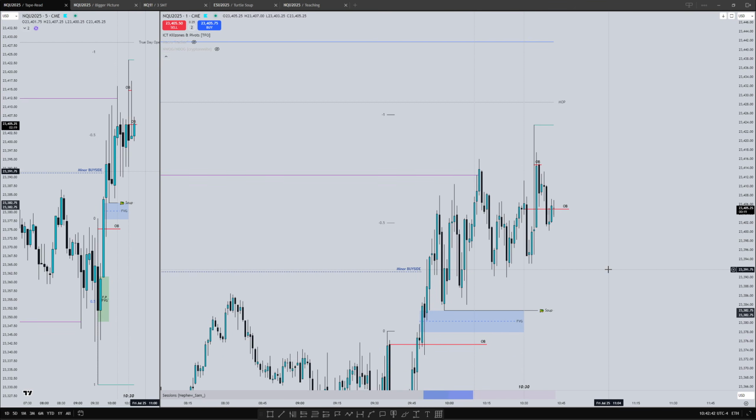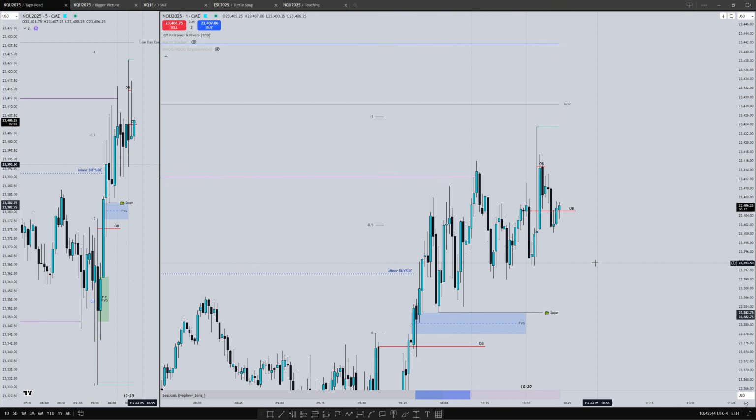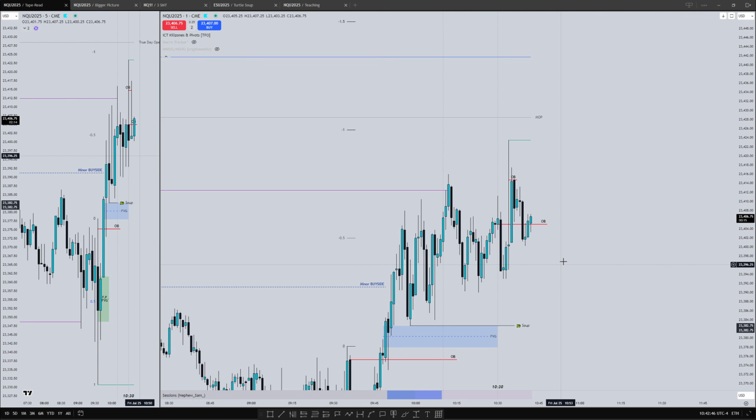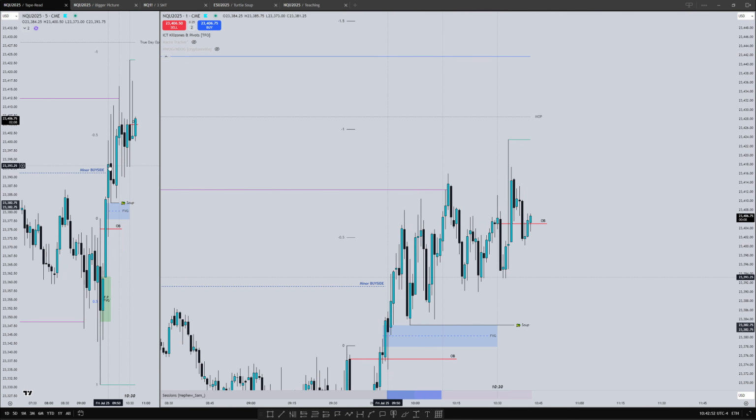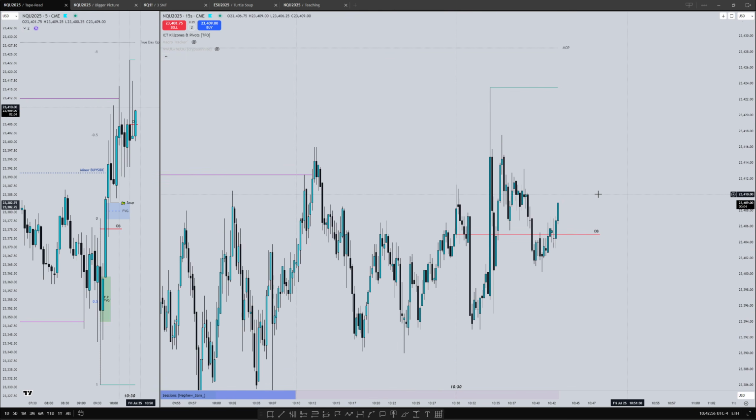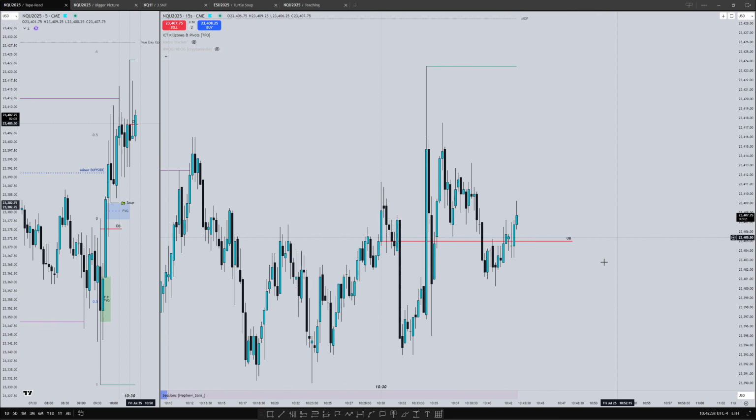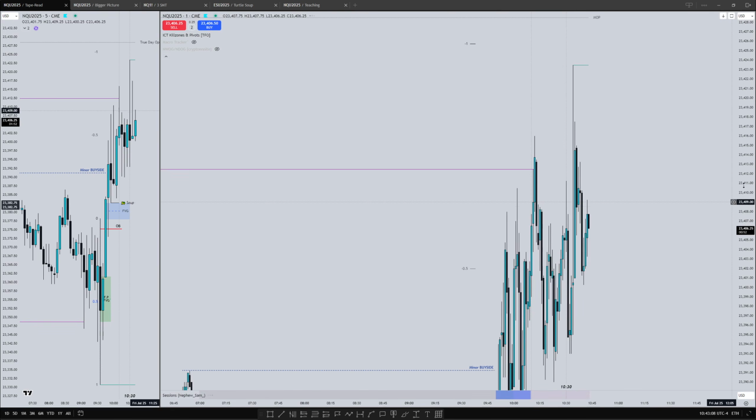To be honest, there's just not enough volatility for me to get anything, I don't think. It's just still staying within this nasty range.